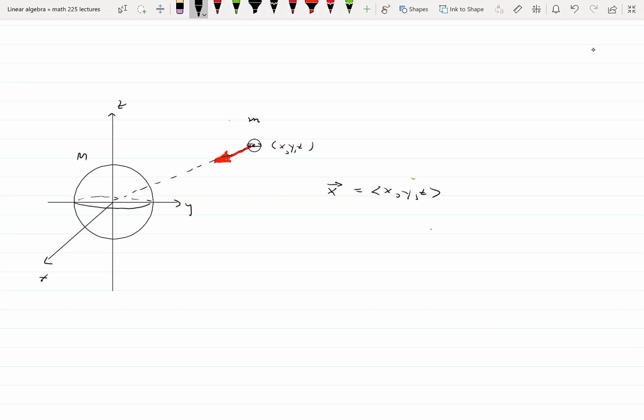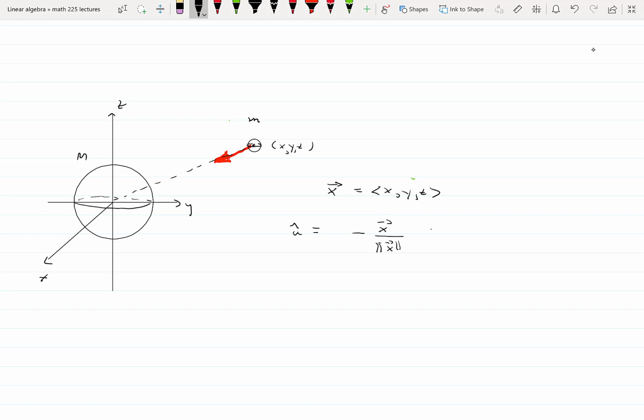Remember, the position vector points from the origin to the center of the Moon, so a vector pointing directly back would be the opposite of x. And we turn that into a unit vector by dividing by its magnitude, or more precisely, multiplying by the reciprocal of its magnitude. So that gave us a unit vector.